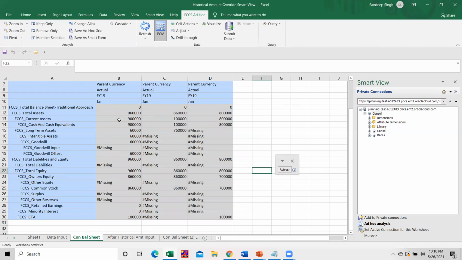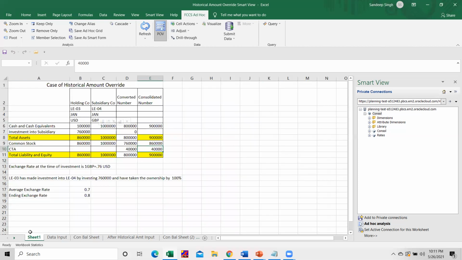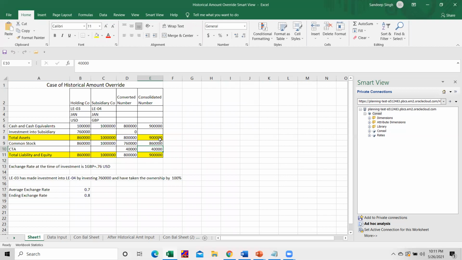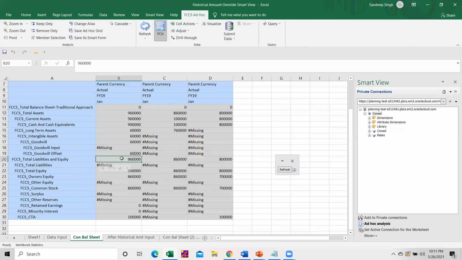In this balance sheet, you can see the total asset amount is coming to 9,60,000. From our functional point of view, the total asset number should come to 9 lakh, and the total liability number is 9,60,000. You are finding here that the system is calculating one number, the goodwill account.